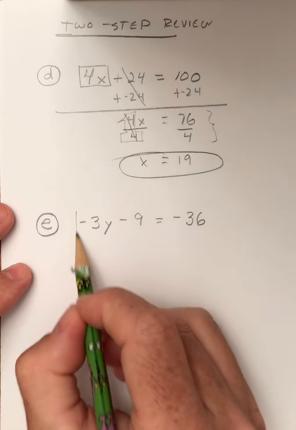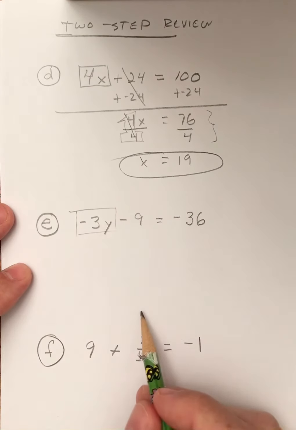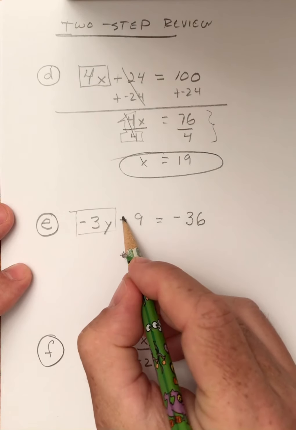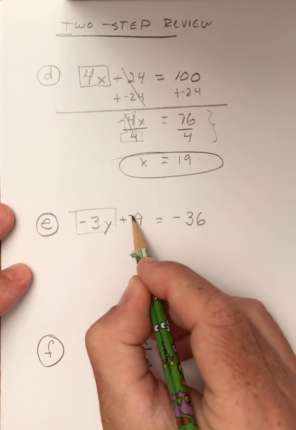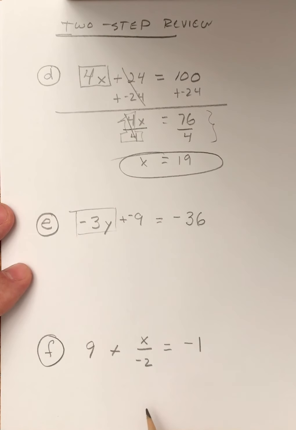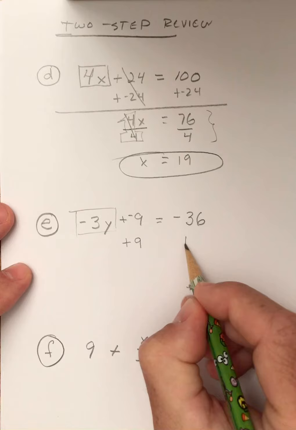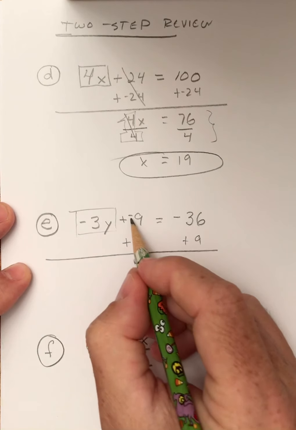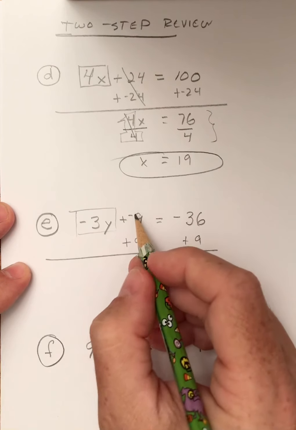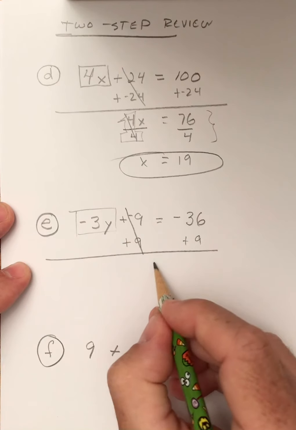Here's another one. Box up the term with the variable. I usually make these into addition problems before I start, and some of you guys are all thinking in your head, keep, change, flip. That's good. So I'm going to add 9, put my line, keep all very organized here. Again, we've done this 1,000 times.